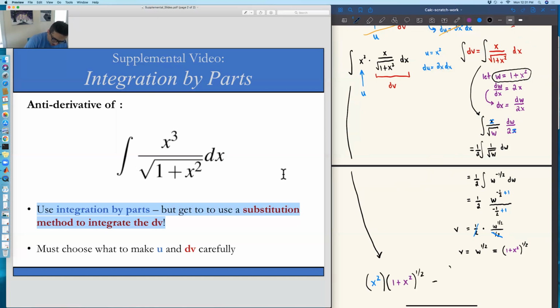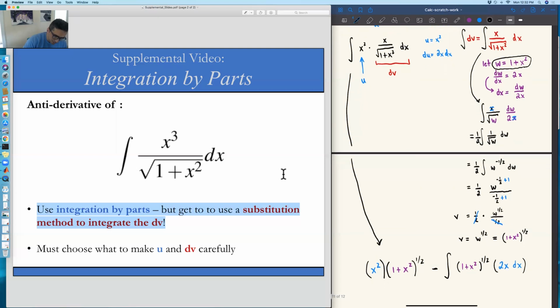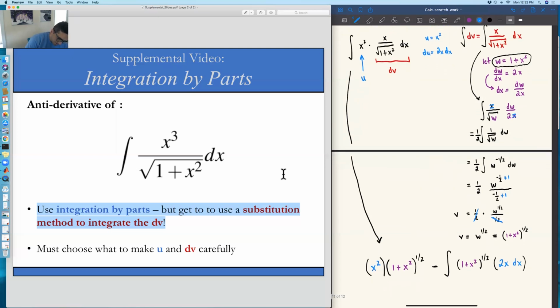And then we subtract off of that the integral of v, which is that 1 plus x squared to the 1/2 power, and then times du, which we found above, which was 2x dx. So if we just label everything here, this was our original u.